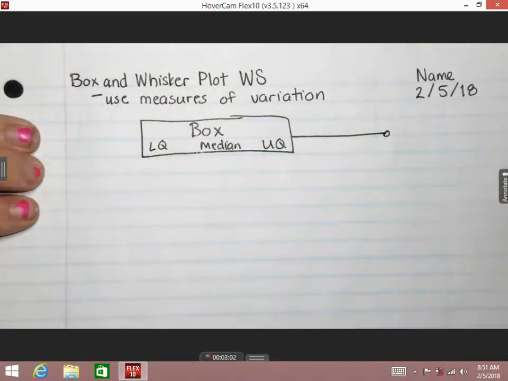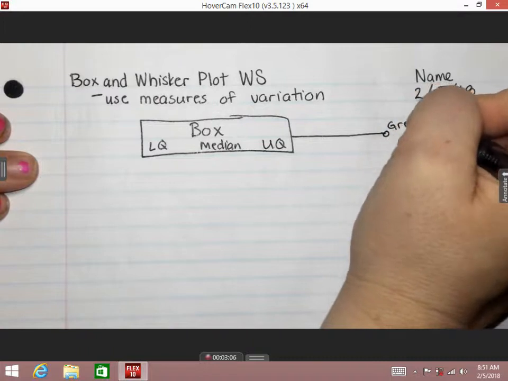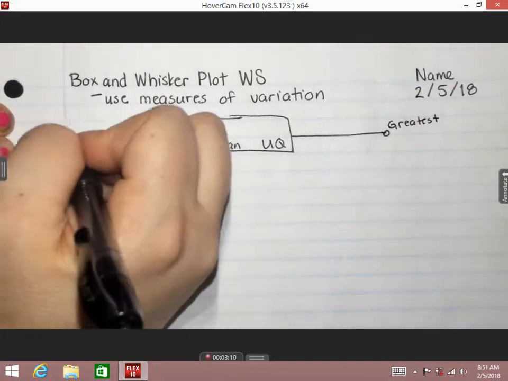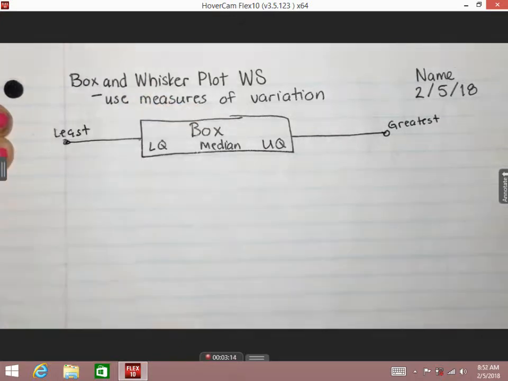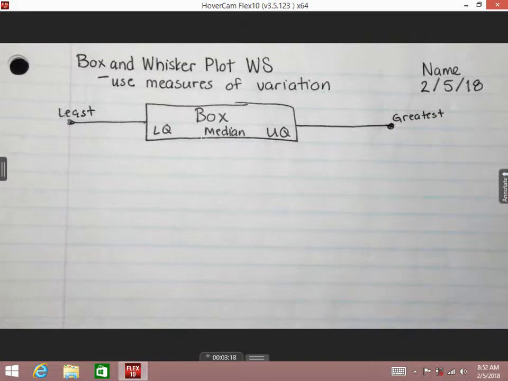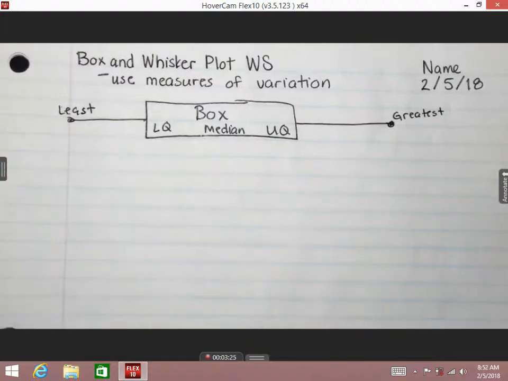Then out to the side, you'll have a whisker. This is going to be your greatest amount. And then we're going to have a whisker over here that's going to be the least. All right, so you'll have your greatest number and your smallest number out to the side. All right, so hence, this is where it gets its word. You have your box, and then you have whiskers.